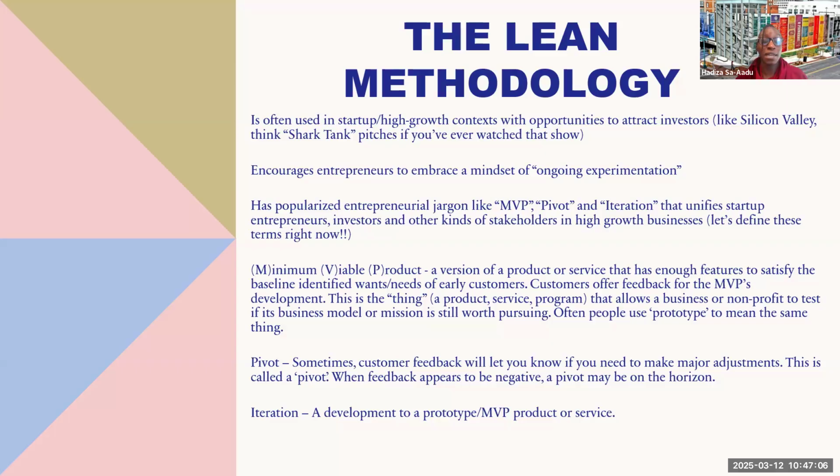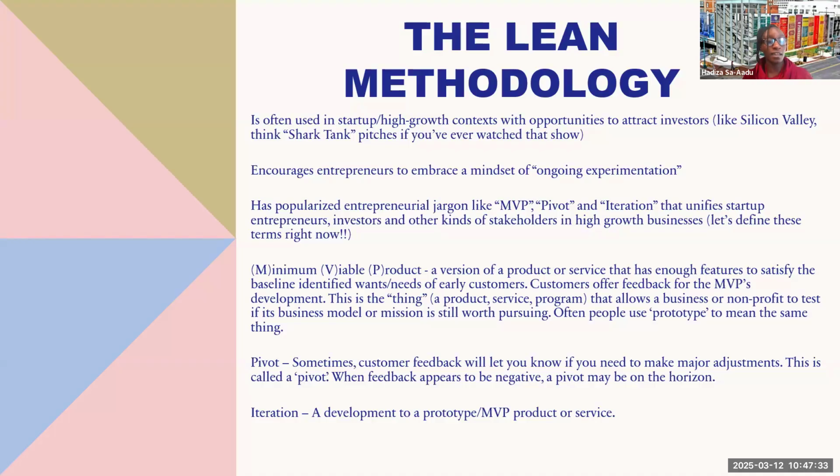First, we've got minimum viable products. This is a version of a product or service that has enough features to satisfy the baseline identified wants and needs of early customers. So, customers will use the product or the service and then they'll offer feedback for the MVP towards its development.